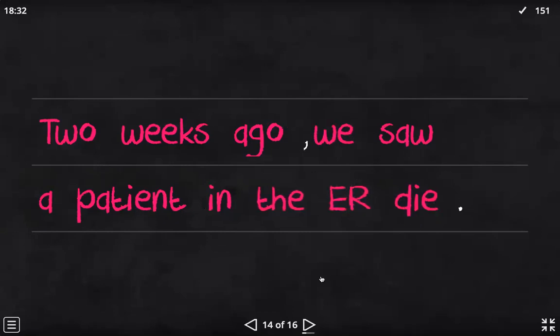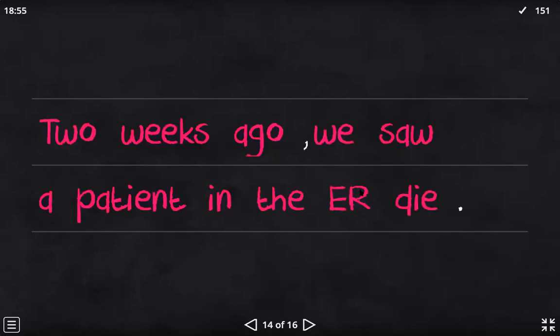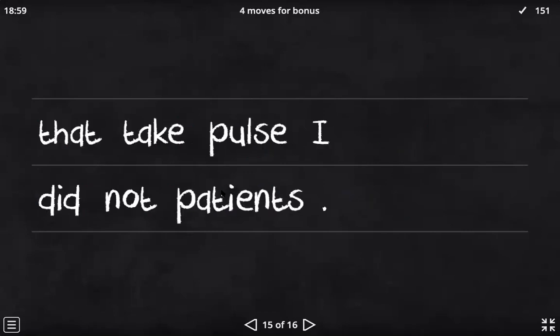Very good. So 2 weeks ago, time expression. Saw, irregular verb, de ver. Patient died in the ER. Vimos un paciente morir en emergencias. Very good. Die es morir. That's what die means. Decían que habían visto un paciente morir en emergencias. Okay.